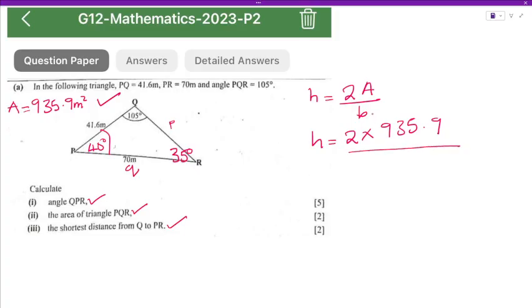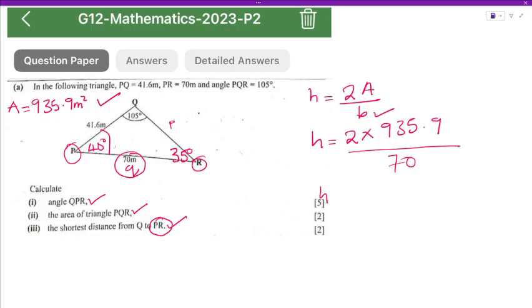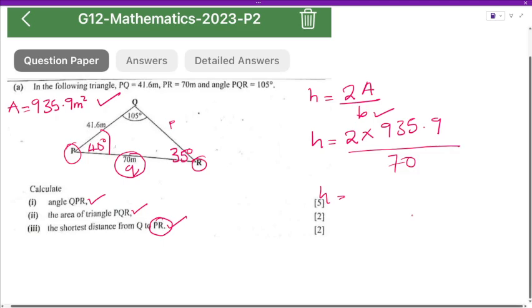Over b, the side they mentioned in the question: the shortest distance from Q to PR. What is PR? What is that side? It is 70 meters. So it's going to be 70 down here. So h is equal to, you punch now. 2 times 935.9 gives me 1871.8.